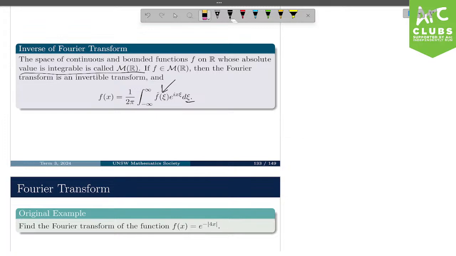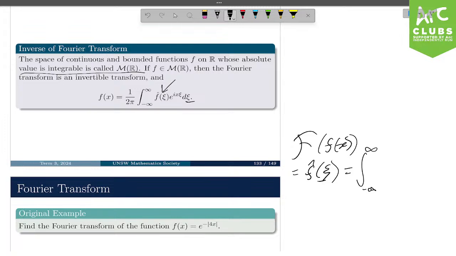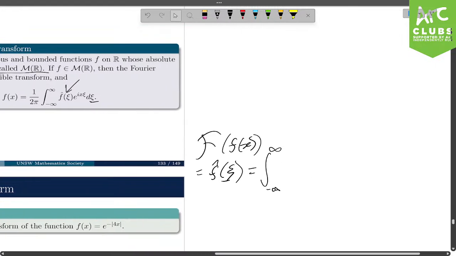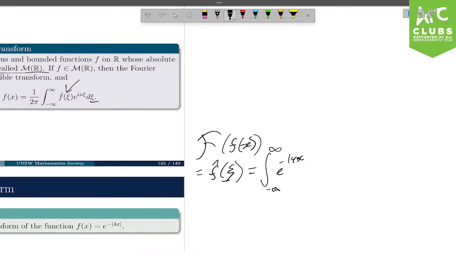We have the Fourier transform of f(x) equals f hat of Gary equals the integral from minus infinity to infinity of f of x, which is e to the minus absolute value of 4x, multiplied by e to the minus i x Gary dx.